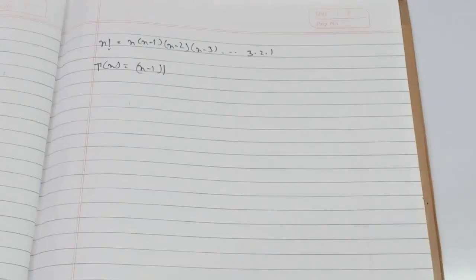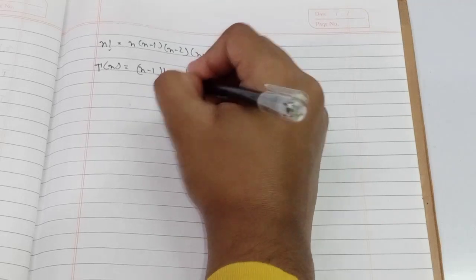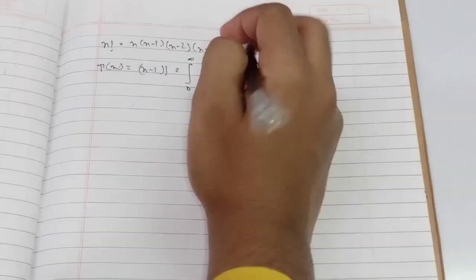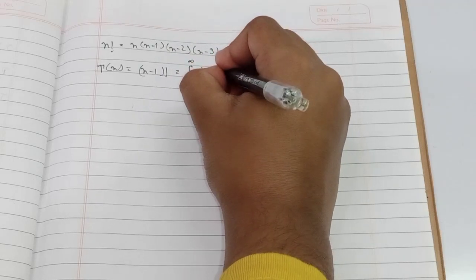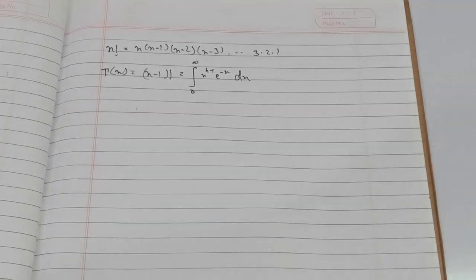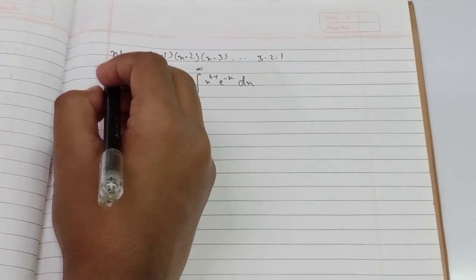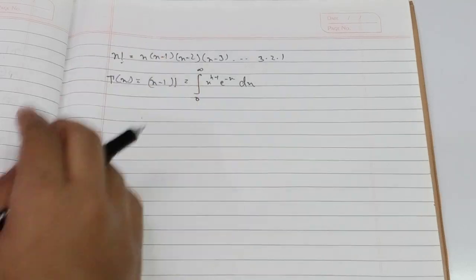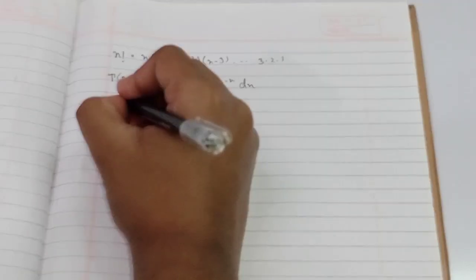Now this can be represented in the form of an integral, that is the integral from 0 to infinity of x to the n minus 1 times e to the negative x dx. Now if we want to find the factorial of n using the gamma function, we plug in gamma of n plus 1.